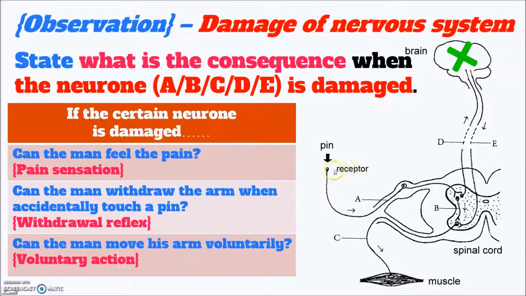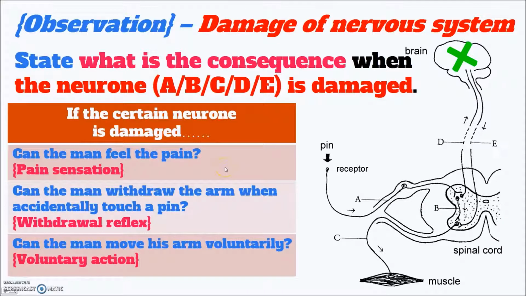Once the receptors are damaged, they cannot detect the stimulus at all, so of course, no sensation at all. And if the effector, the muscle, is damaged, even if the nerve impulse is transmitted to the effector, the muscle cannot contract at all. So that's a simple case. That's why I would like to focus on the cases of A, B, C, D, E.